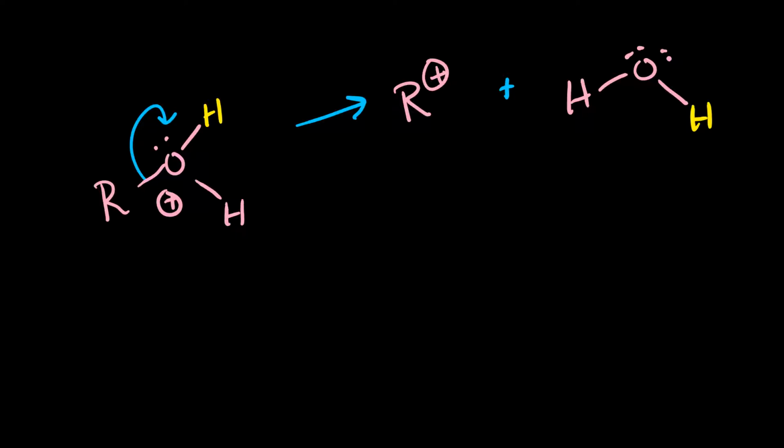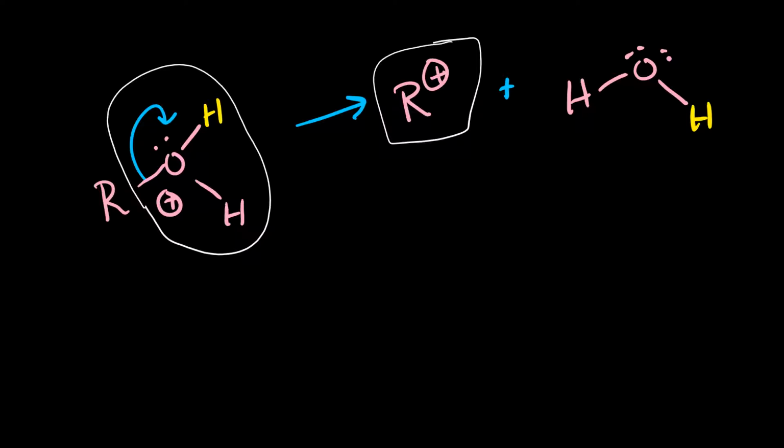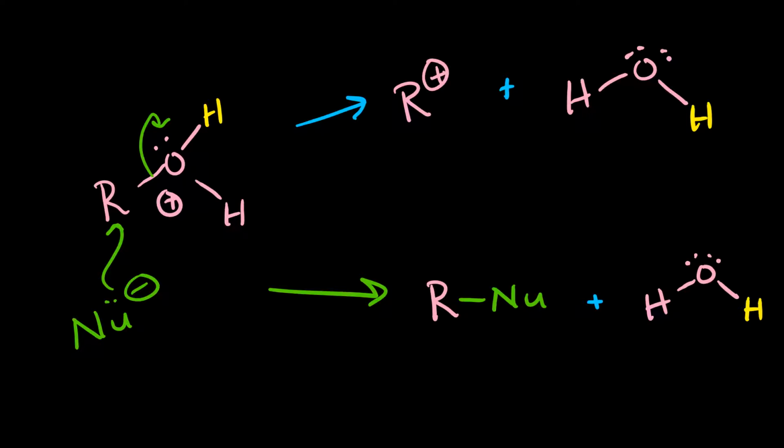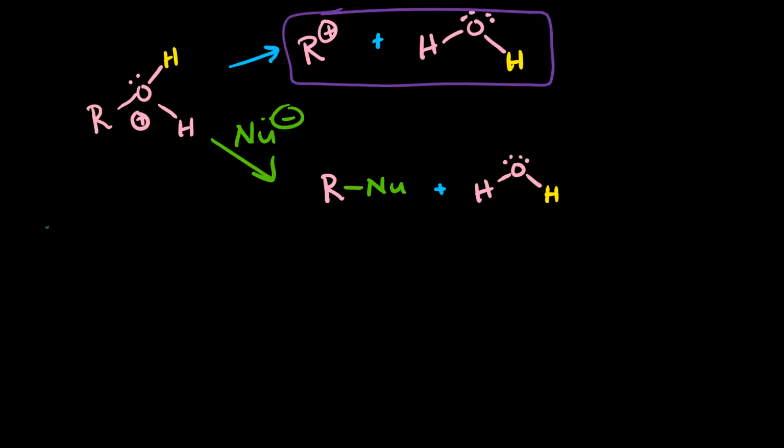Once the alcohol is protonated, there are a couple of different things that could happen to it. One would be the water could just come off as a leaving group and leave behind a carbocation. The other would be that a nucleophile could come in and attack this electrophilic carbon and displace the water.